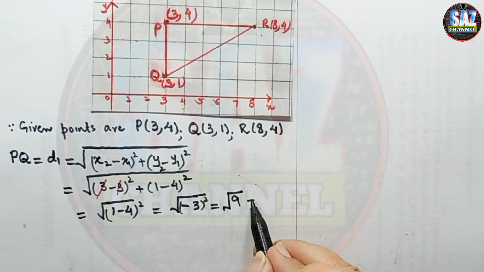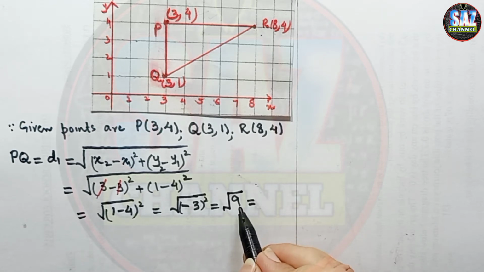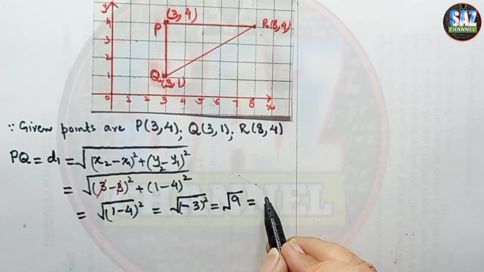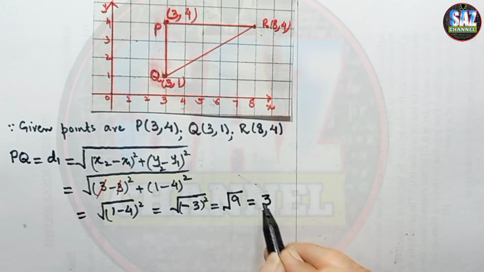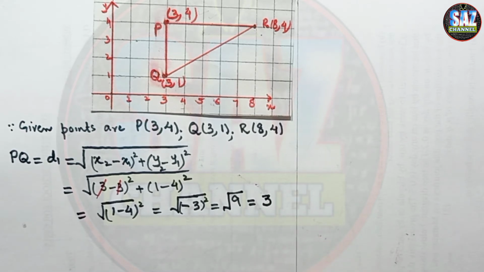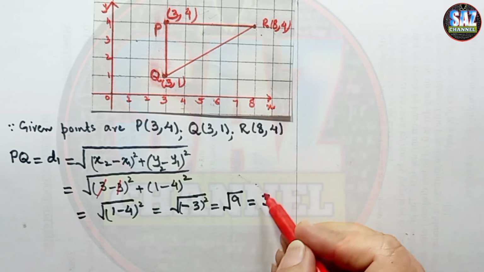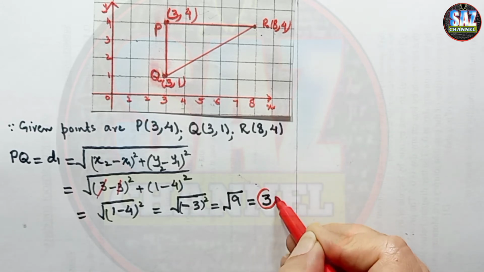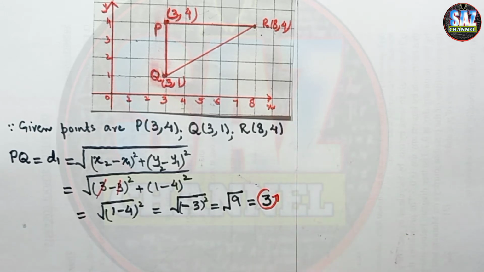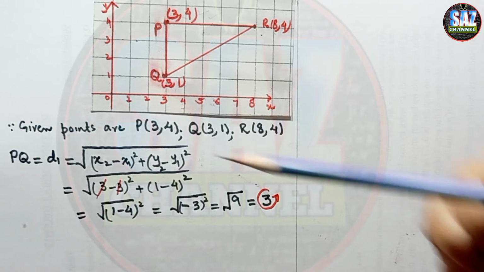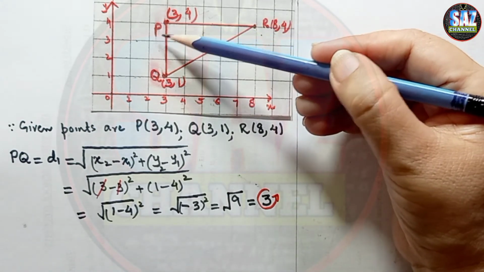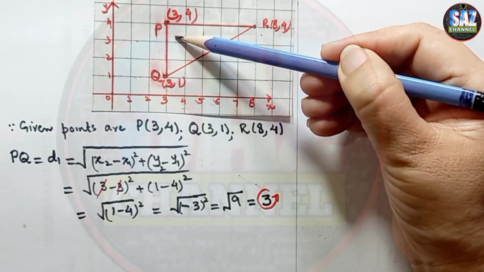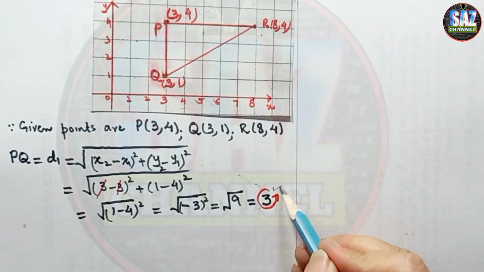Now think, what is the number whose square is 9? So I will get 3 as the answer. If we look at the graph, the distance between P and Q even graphically is 1, 2 and 3 units. So it means it's okay.